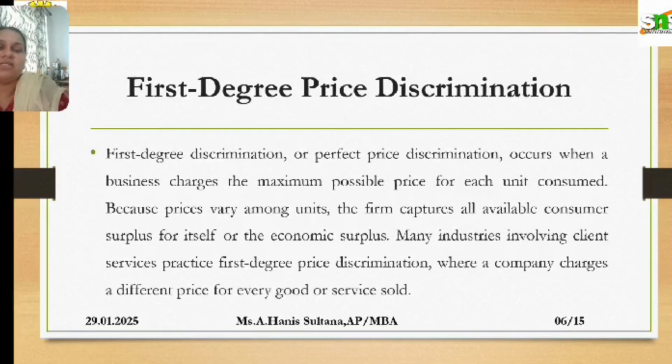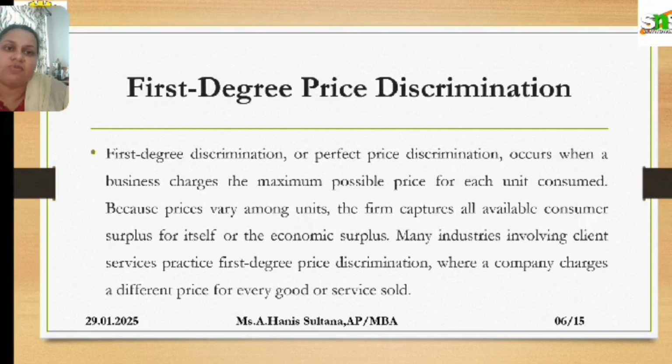First degree price discrimination, or perfect price discrimination as its other name, occurs when a business charges the maximum possible price for each unit consumed. For example, if I am buying 100 packets of biscuits, I am charged the maximum possible price, that is 10 rupees, for all the 100 units consumed.